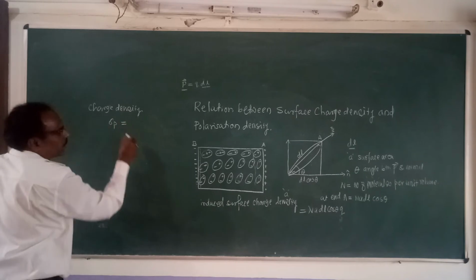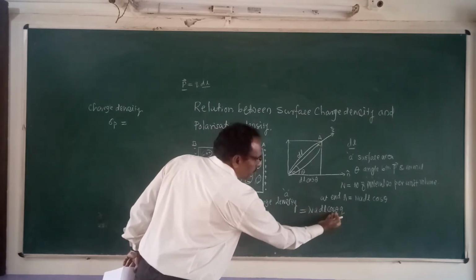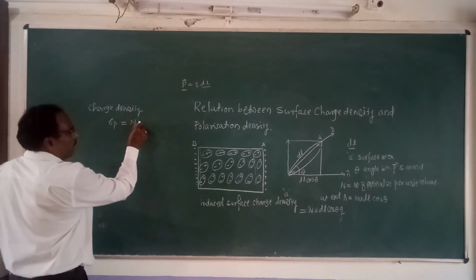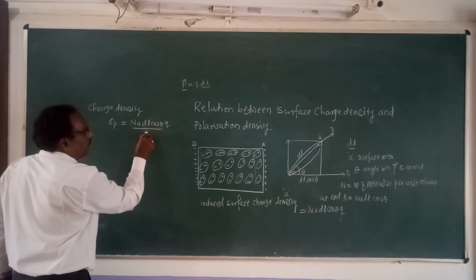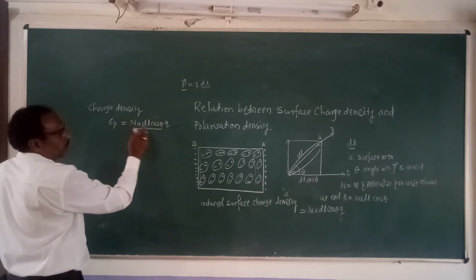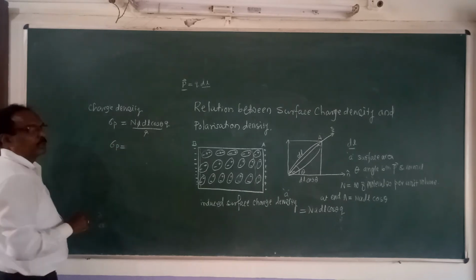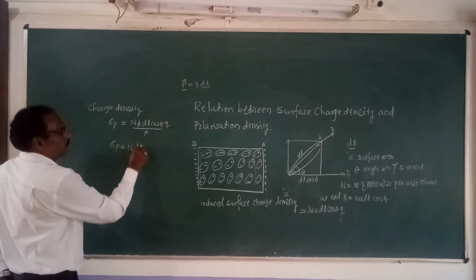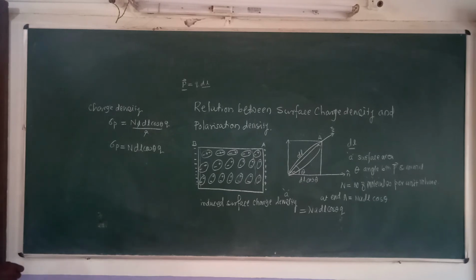Because it is a surface charge density, we write N A dl cos theta Q by A. This is the number of charges per unit area, so this gives the number of charges in surface area A. So sigma p is what is called the surface charge density: N dl cos theta Q, where Q is the charge either on end A or on end B.